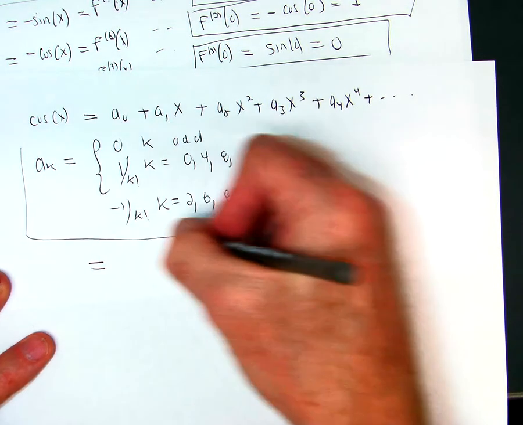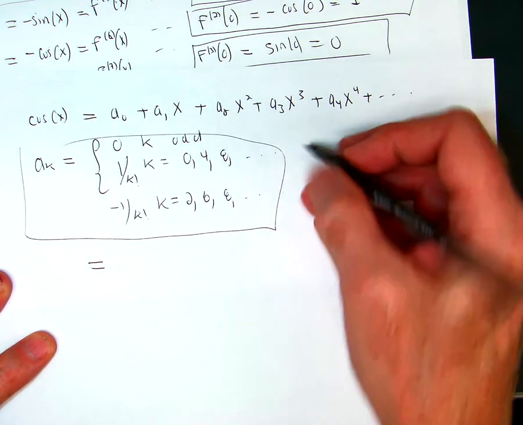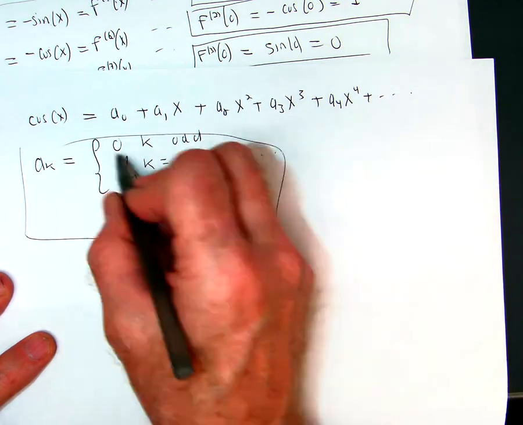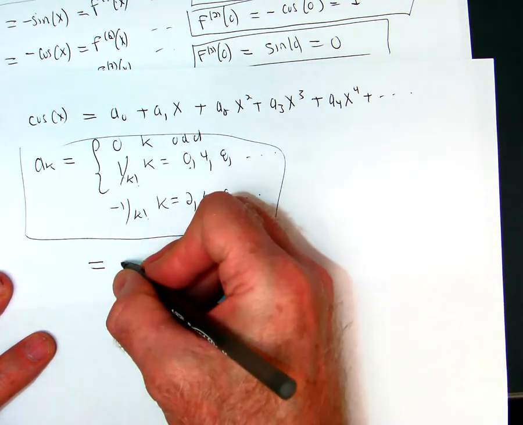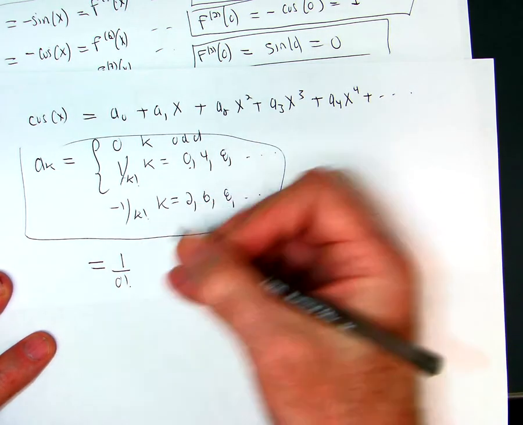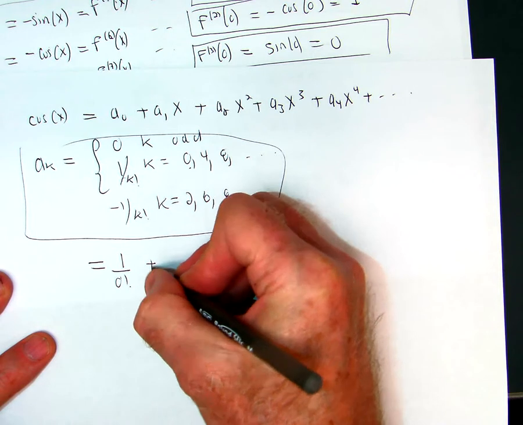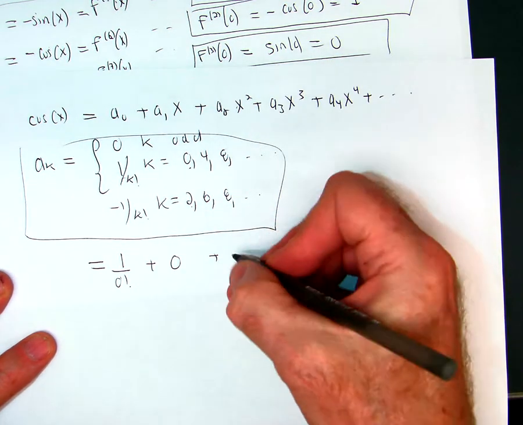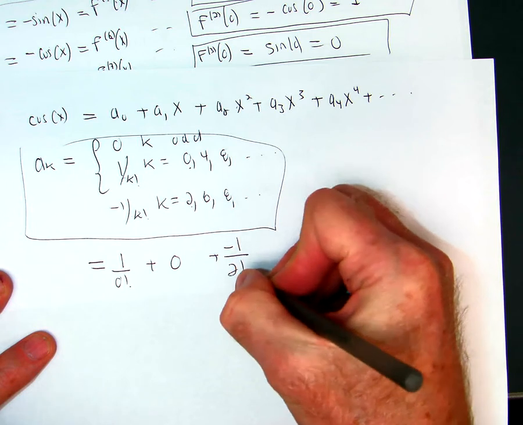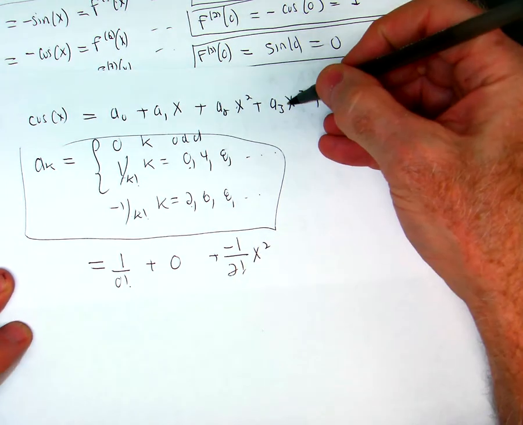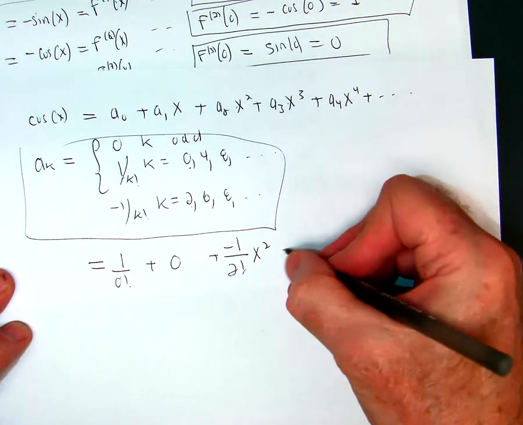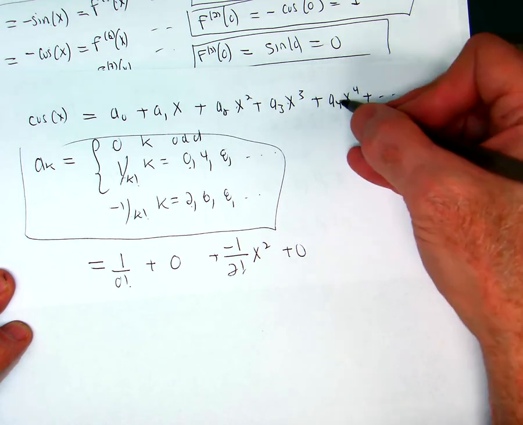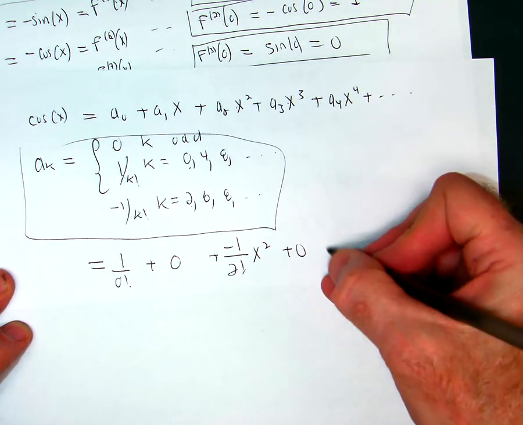So using this, a0 is going to be equal to 1 over 0 factorial. A1 is 0. A2 is going to be equal to minus 1 over 2 factorial, x squared. A3 is 0. A4 is going to be 1 over 4 factorial, so we're going to get this.